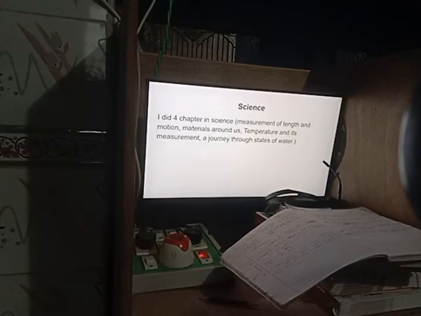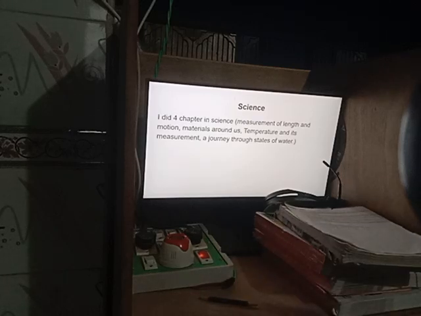And in this we talk about mass, matter, volume. So volume means something which takes space, that we call volume.